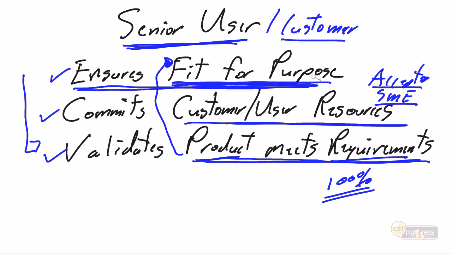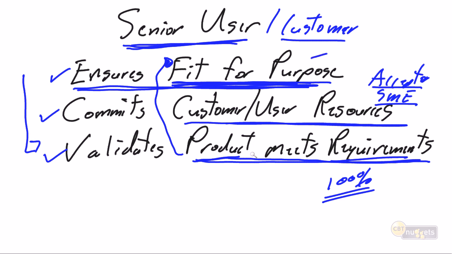They can't be implemented. It's inconsistent with labor relationships. It's inconsistent with health and safety standards. It's inconsistent with the current corporate direction. For whatever reason, my project satisfied the requirements, but I'm also expecting my senior user to ensure that it's fit for purpose.